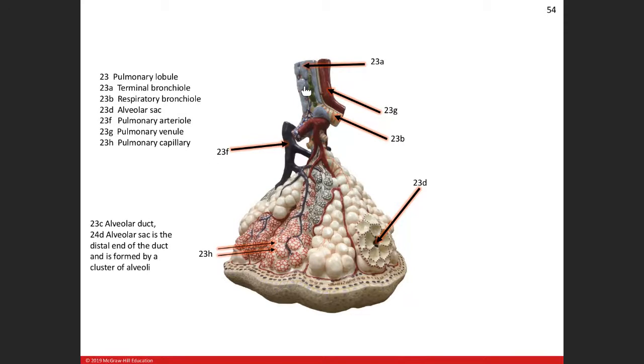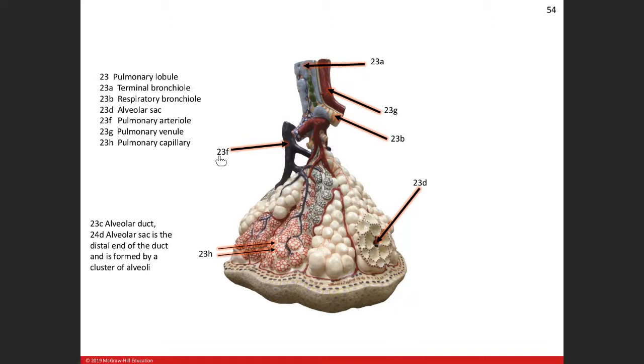Then we're going to get down to the respiratory bronchiole as it's down here, and it gets cut off here. But that respiratory bronchiole is then going to lead into, which we don't have a picture of here, the alveolar duct. And then at the end of the alveolar duct, we'll see the alveolar sac, which is depicted down here.